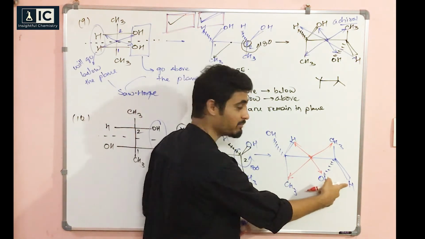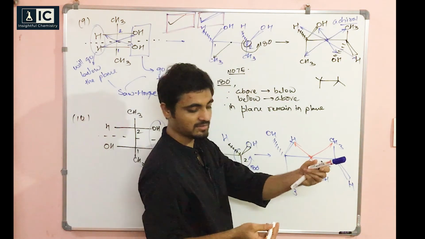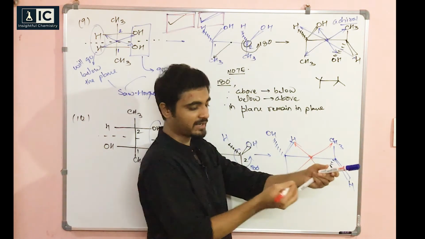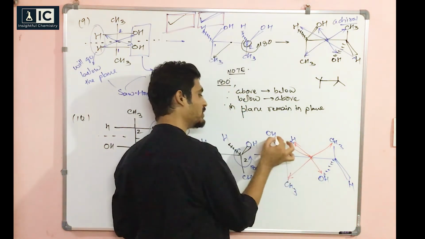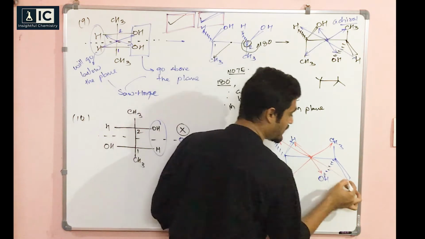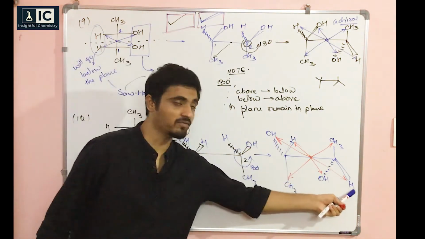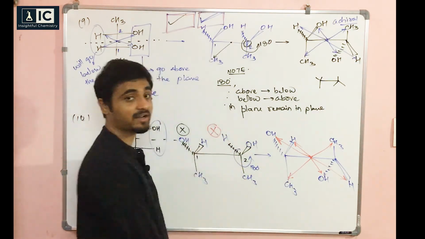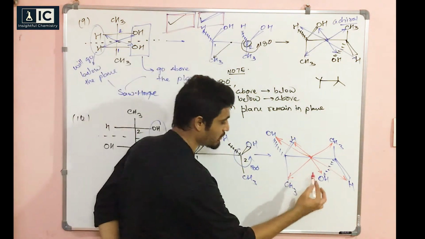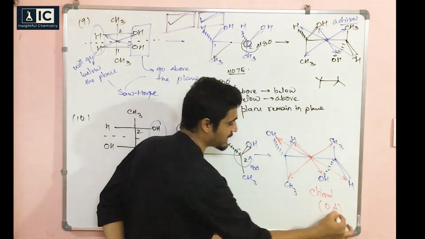Don't come here, both are above. If both are above like this, how can you go from here and then again in this direction? You cannot. Similarly, below OH but above H. Below to above will go, not same. Therefore there is no center of symmetry as well. Therefore the molecule is chiral or optically active.